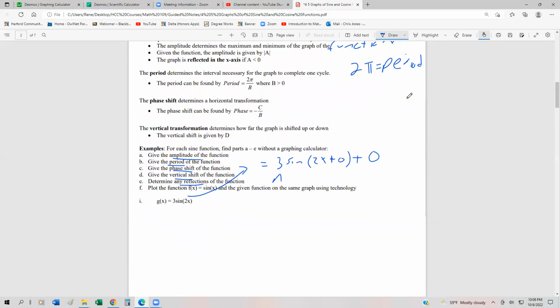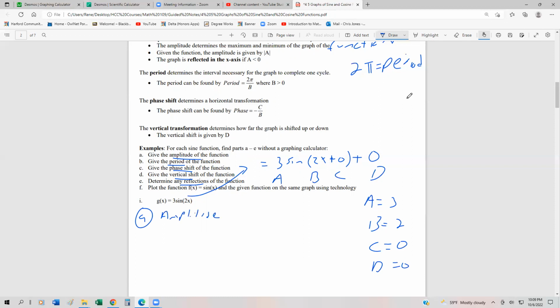So in this case, A is 3, B is 2, C is 0, and D is 0. So for part A, I'm looking for the amplitude.